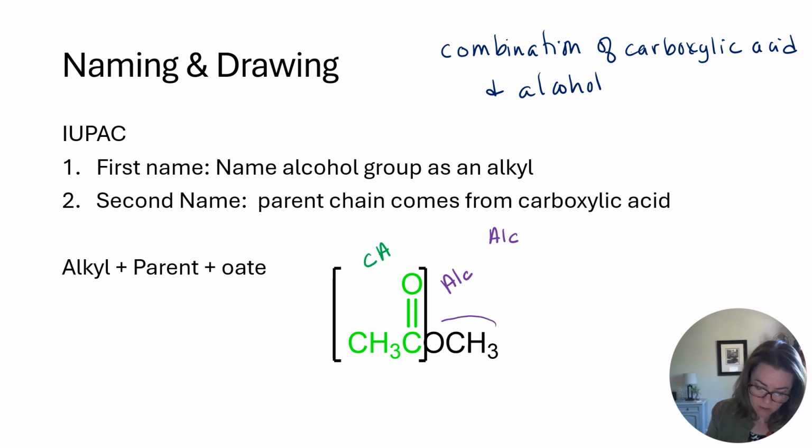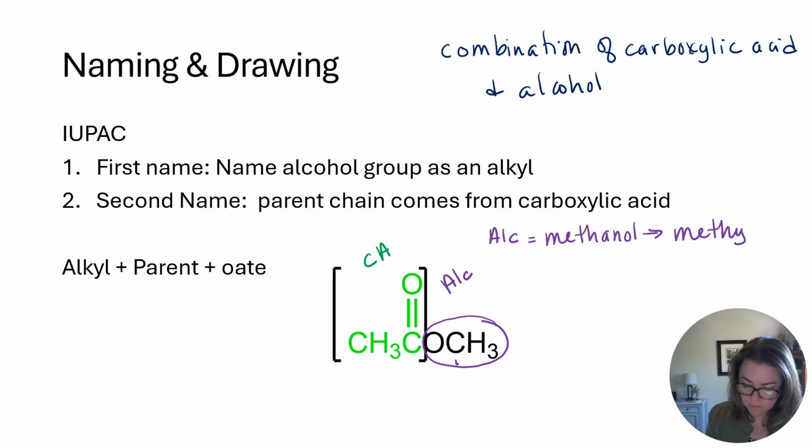So our alcohol is this side right here, and I've only got one carbon. So that originally is a methanol, but since it's part of an ester, it becomes my methyl. Now my carboxylic acid, and again that carbonyl always takes precedence, has two carbons.